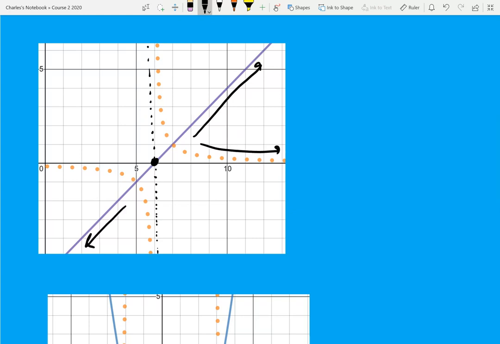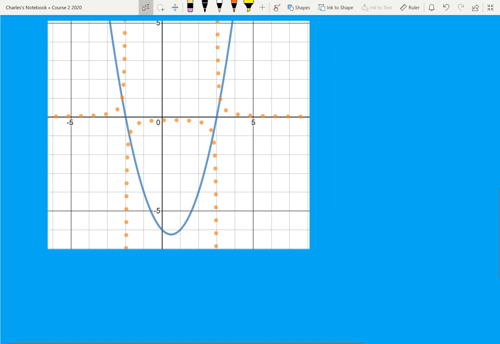Where the function went to negative infinity, the reciprocal went to 0, but instead of from the top, from the bottom, from the negative side. In the second example, we had two zeros on the original function, and we got from them two vertical asymptotes. This looks a little bit sloppy, but it should be an asymptote that doesn't cross right there.